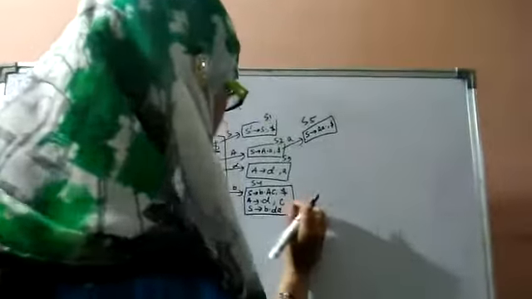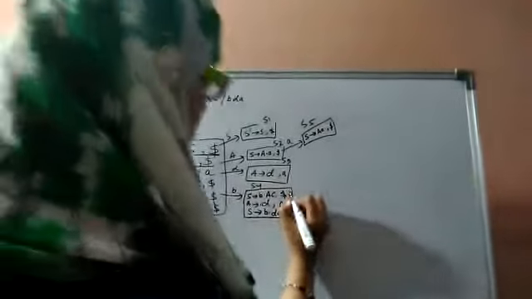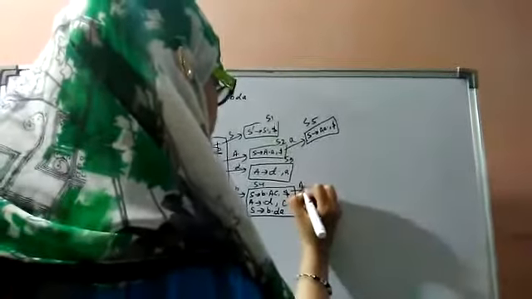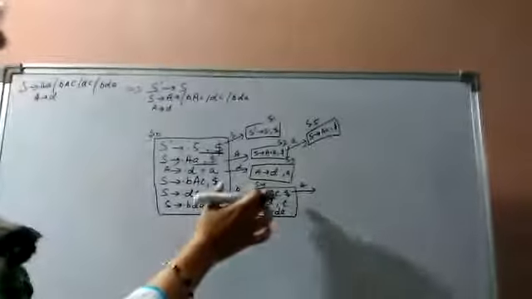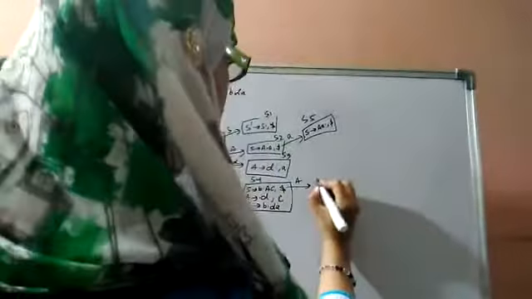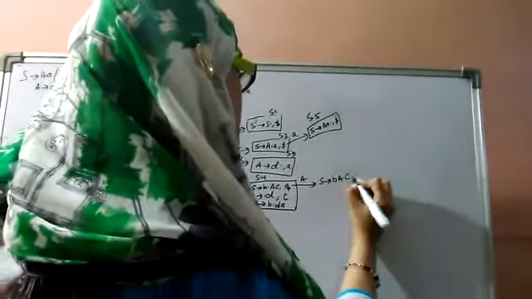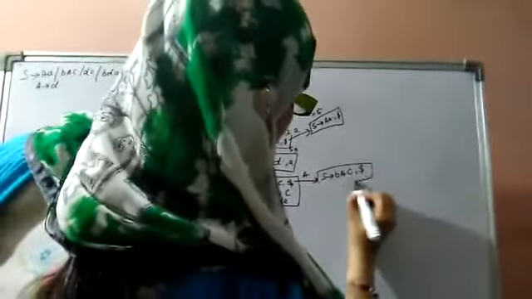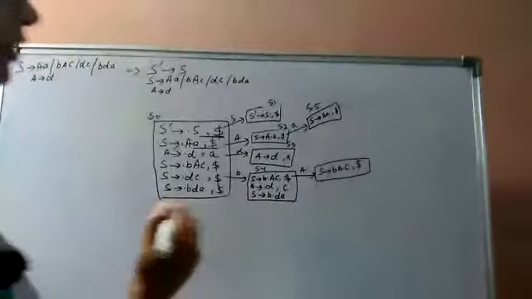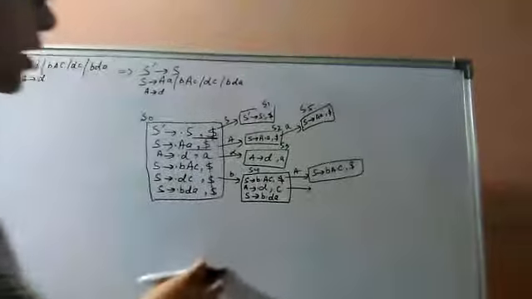Now from S4, A, we can move the dot from A, so S2 B A dot C dollar. The only production rule can be done. And from D, S1.